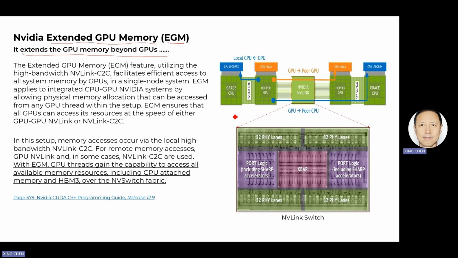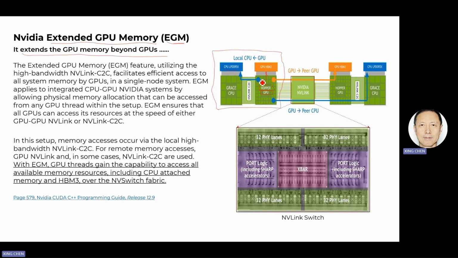It's very simple. If you look at this one, this is the Grace Hopper superchip, and you have the Hopper GPU here. This Hopper GPU can read and write to its own memory, and it can read and write to the CPU memory from the same superchip.